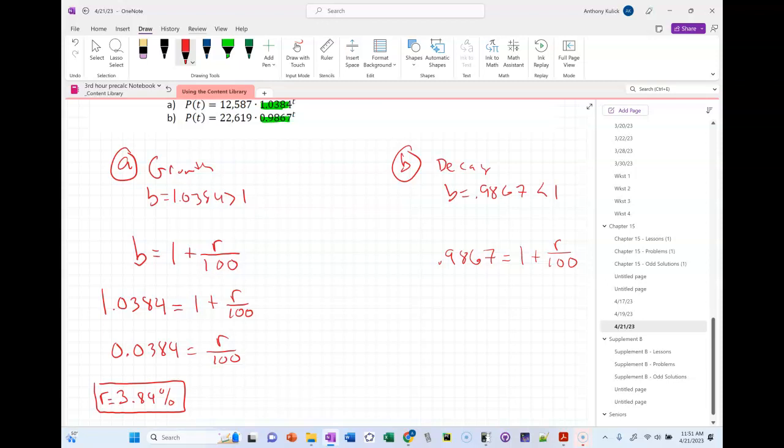So I'll subtract 1 from both sides, and then multiply both sides by 100. And there we go.